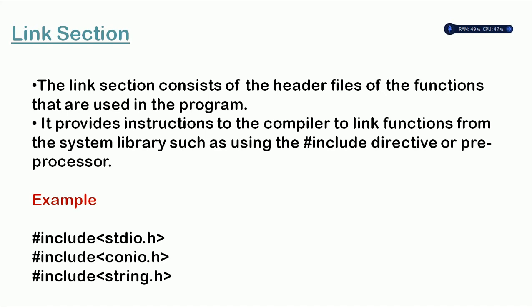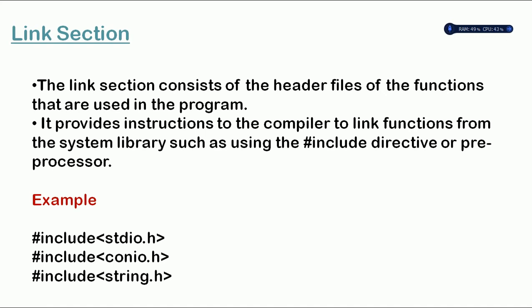Now the header files have an extension of .h. We have many header files available in C programming, like string.h, stdio.h, conio.h, time.h, process.h, and then stdlib.h, math.h, float.h. We have many header files available.